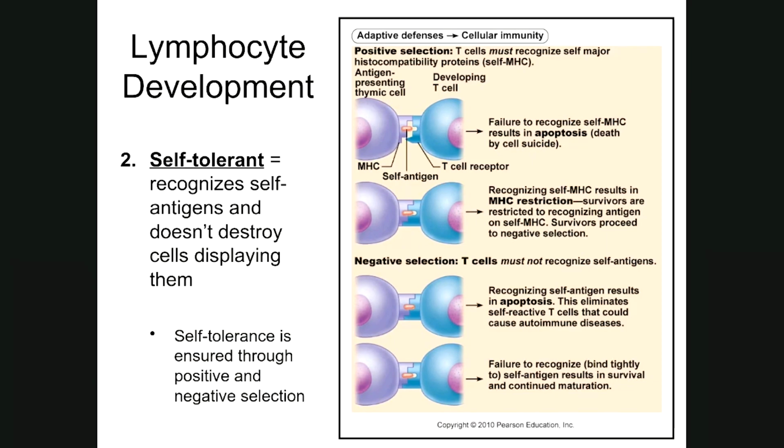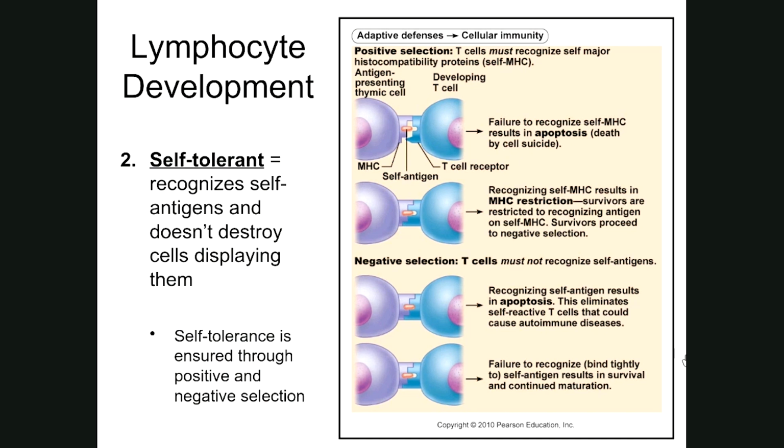The other thing that a T or B cell has to do as it's developing in the thymus or the bone marrow is we have to ensure it's self-tolerant. So with the immunocompetence, remember, it sprouted a receptor of a specific shape that allows it to be able to bind to something like a lock and key. We want to make sure through this second process, through this check on self-tolerance, that what that cell's receptor is able to bind to, like a lock and key, is not your own self-antigens.